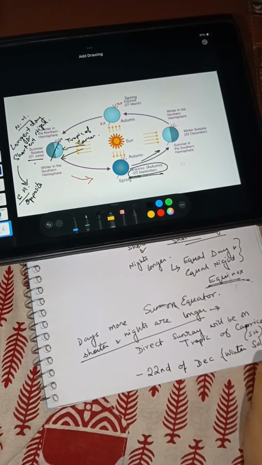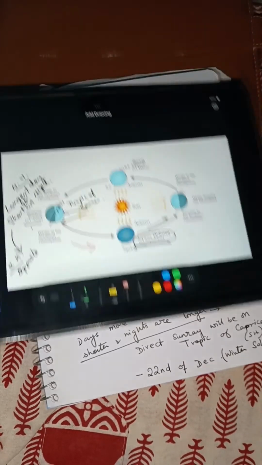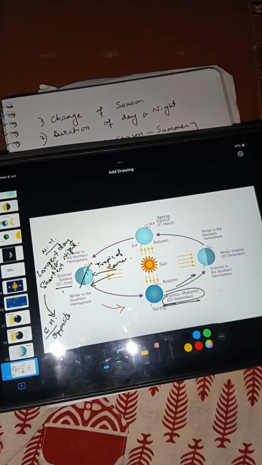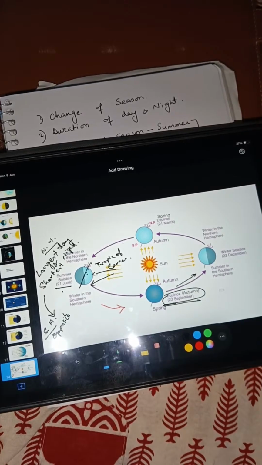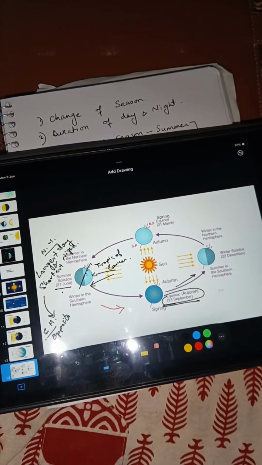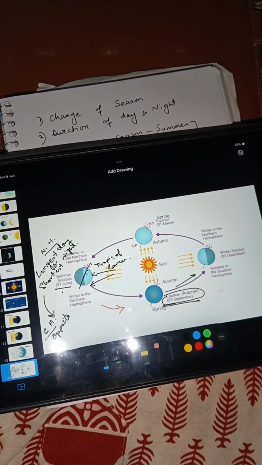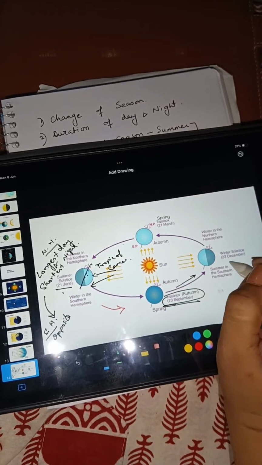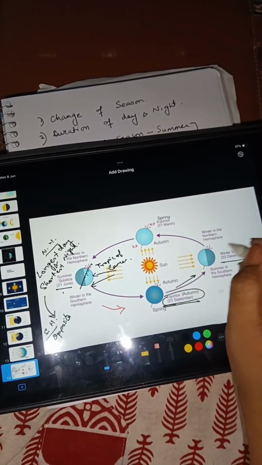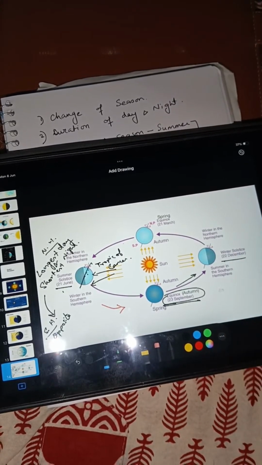Now solstice is a term which means position of the sun. So you can see here winter solstice, that is 22nd of December.